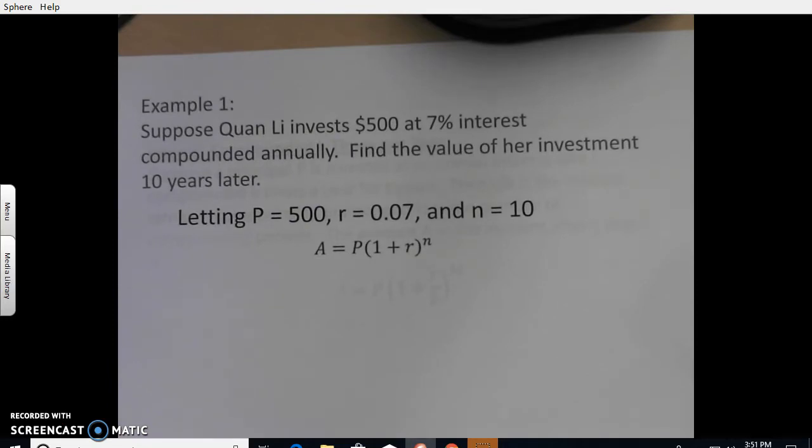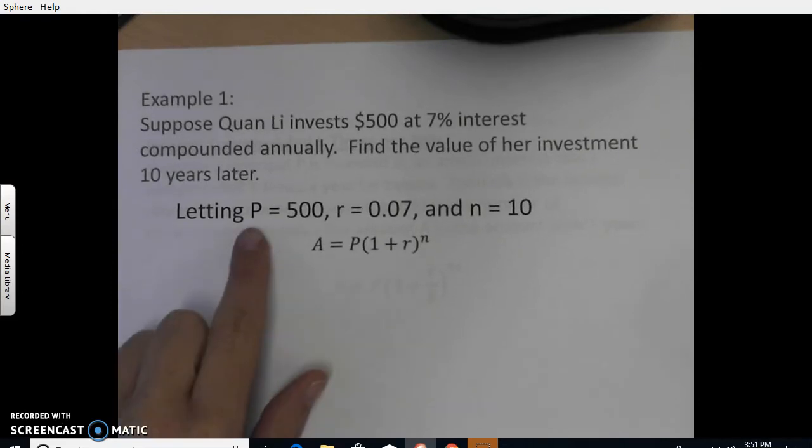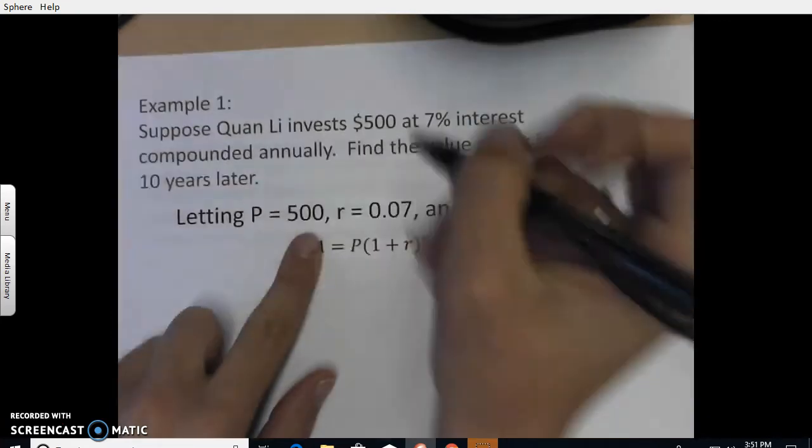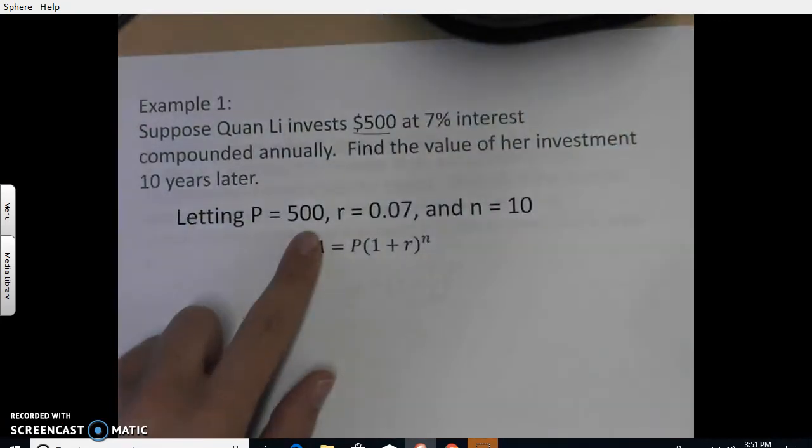So, if we invest $500 at 7% interest compounded annually, find the value of her investment after 10 years. So, what do we have? P is equal to 500 because this is how much is invested.